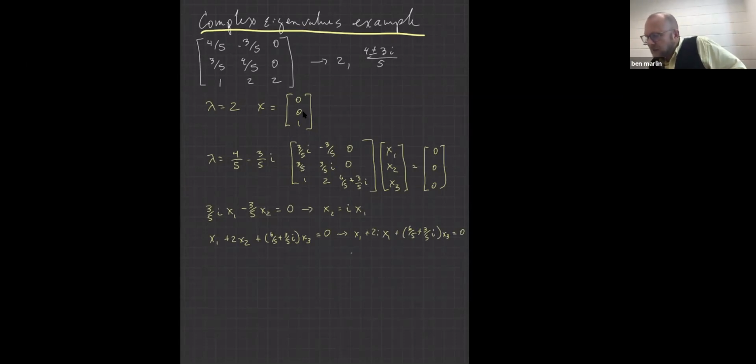So you can see that we have 1 plus 2i x1 and plus, now this is all messy. Can I just take out 3/5 and say 2 plus i x3 equals 0? I'm not real fond of this, but let's say x3 equals the 1 plus 2i divided by the 3/5 times 2 plus i, and then the x1.